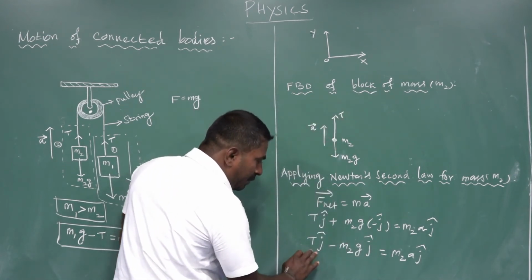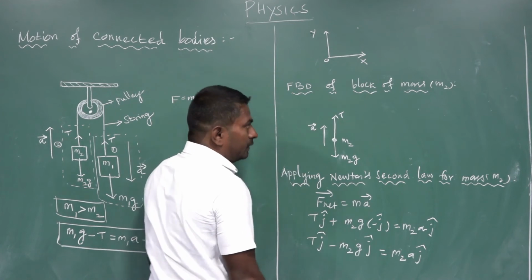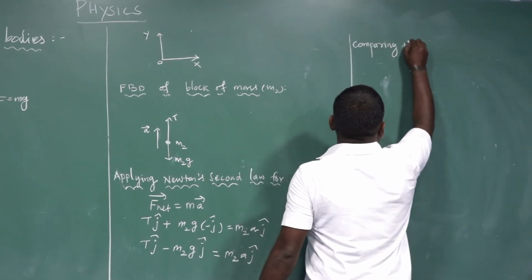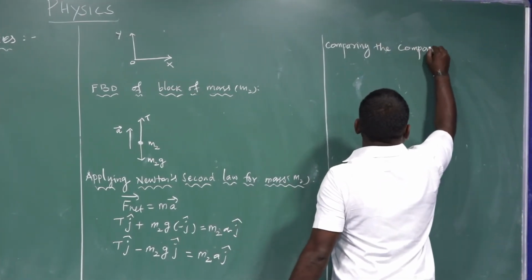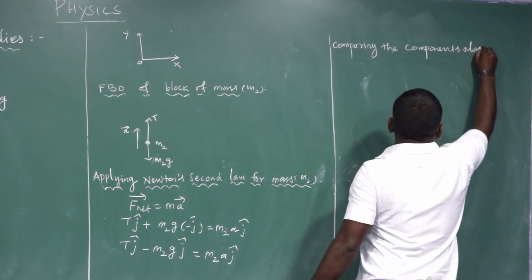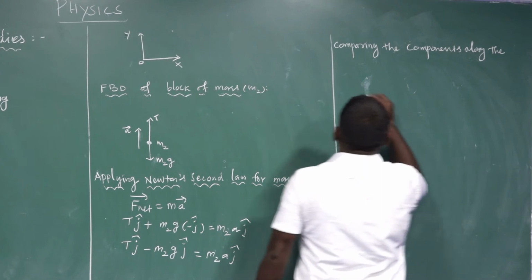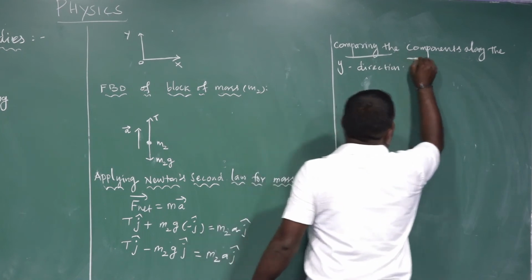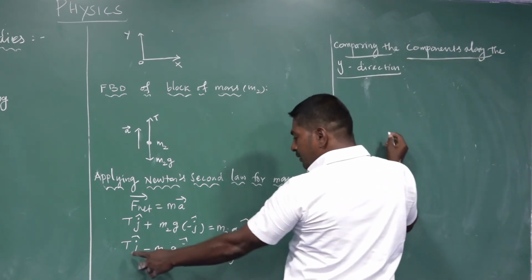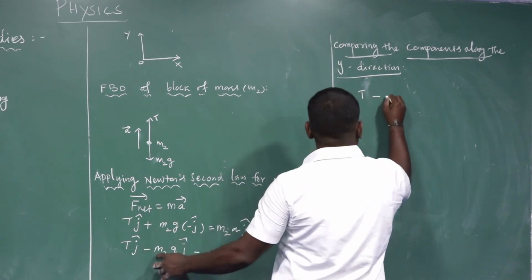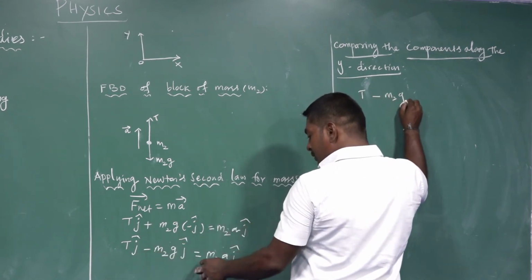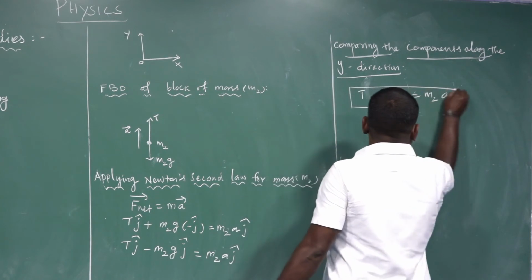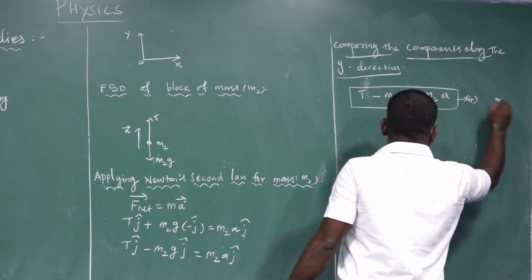Next, by comparing the components along the y direction, T minus M2G is equal to M2A. This is equation number 4.